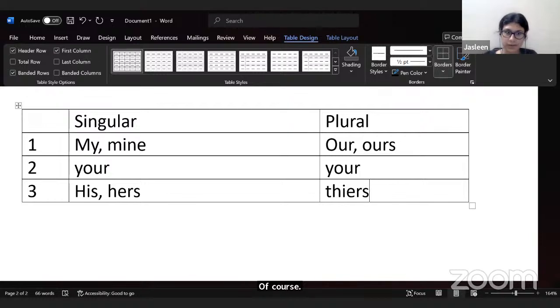Okay. This house is his. This is his house. This house is hers. Or this house is theirs. Okay. So you can note this down in your book. And then we'll move on to the practice questions.